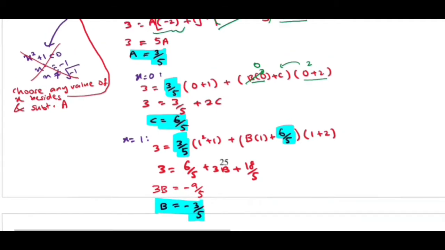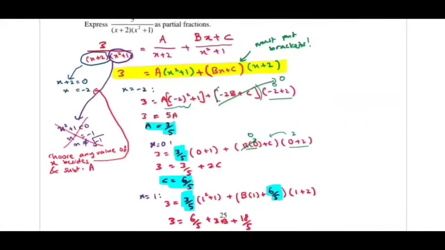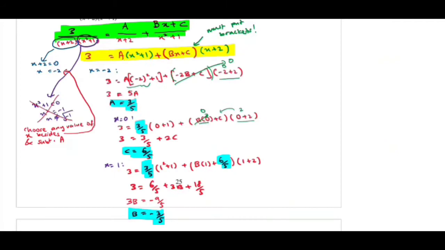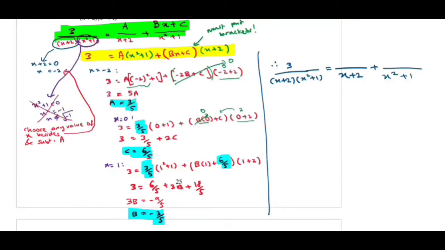So you write your final answer in terms of partial fractions. Refer to your first line here. Substitute a, b, and c back into that form. Write down the denominators first, and then substitute your values of a, b, and c.